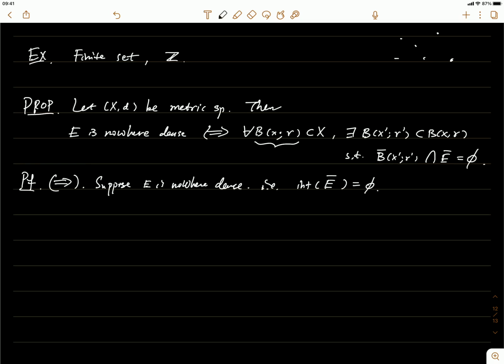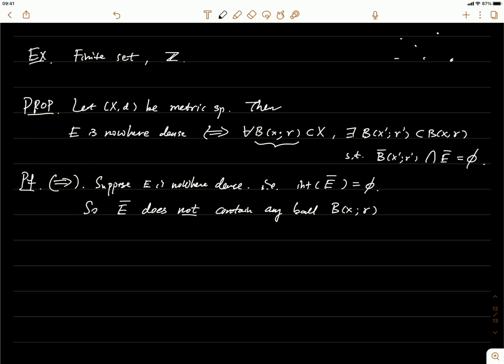And also because the interior of this E bar is empty, that means the closure of E does not contain any ball, because otherwise it will have an interior point. The center of that ball will be an interior point, right? No matter what the center is and no matter what the radius is, it does not contain a ball.